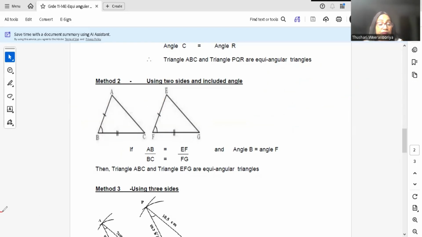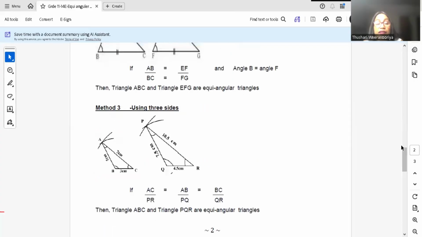The next one, the third method. Sometimes they give only the sides, not even an angle. Look at this. Only the sides. When you are given the sides, you number them like earlier, in ascending order of length. This is number 1, this is number 2, and this is number 3.